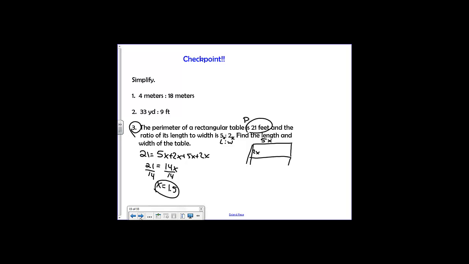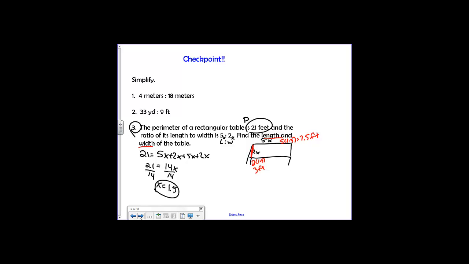So if x is 1.5, let's see, did we do it right? Because this question says find the length and find the width. If I take 1.5 and plug it in here, 5 times 1.5 gives us 7.5. What are we talking about? Feet. And then 2 times 1.5 gives me 3 feet.